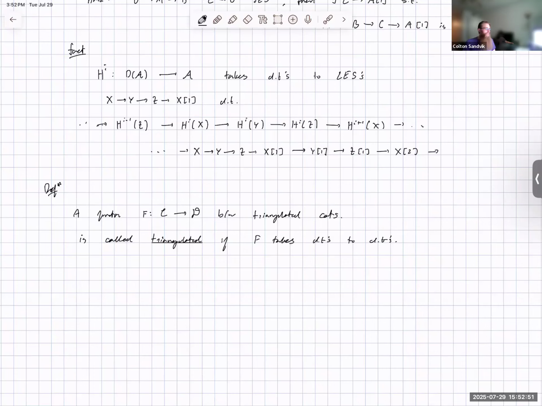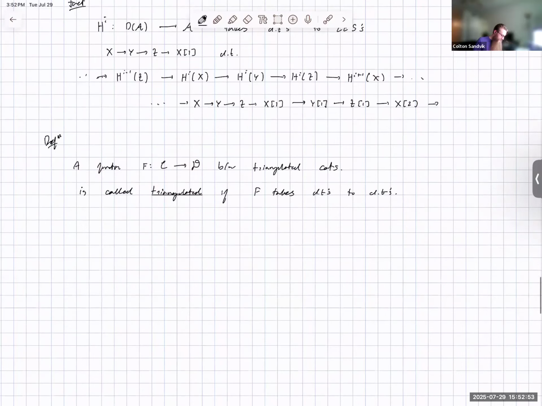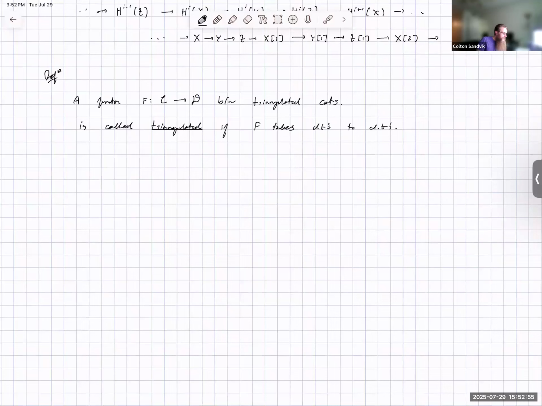Okay. So let's get something more down to earth. Let's go back to our example of modules. So we had this functor. We have this functor, and it wasn't exact, but that's fine for now.